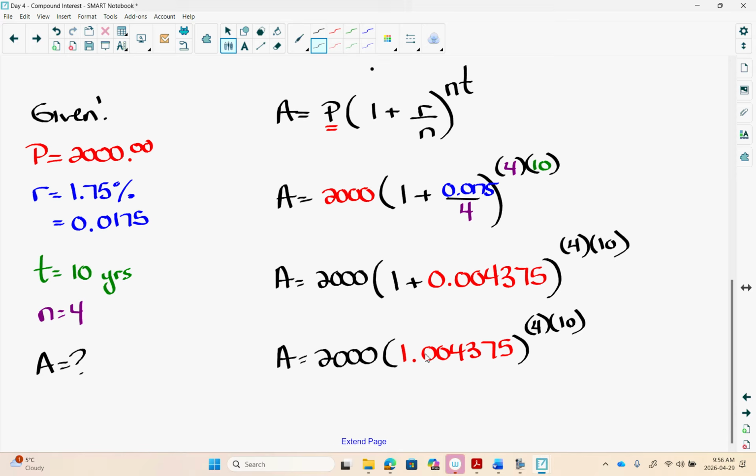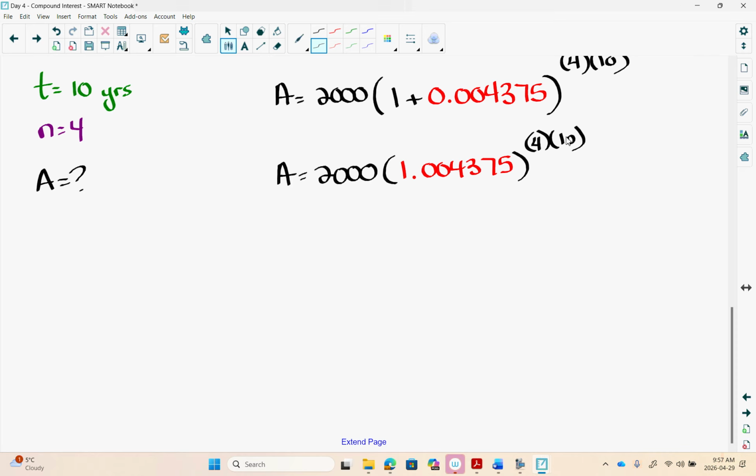Now, should I multiply those two numbers together? No, because what do you do before you multiply? Your exponents. So let's figure out what that exponent is first, 4 times 10, and then let's figure out what 1.004375 raised to the power of whatever 4 times 10 is. Anyone know what 4 times 10 is? It's 40.